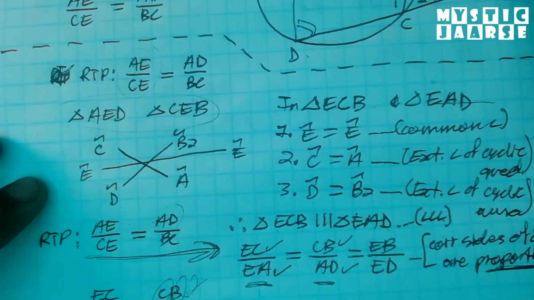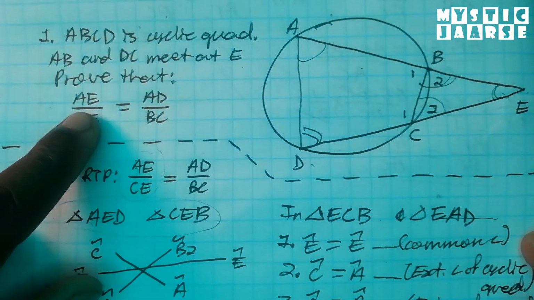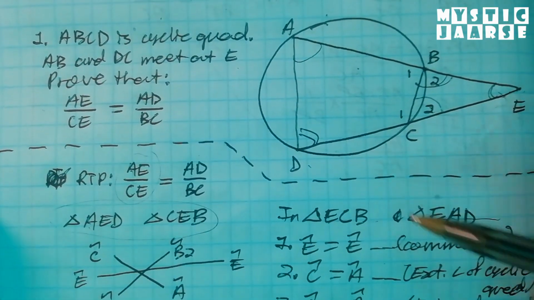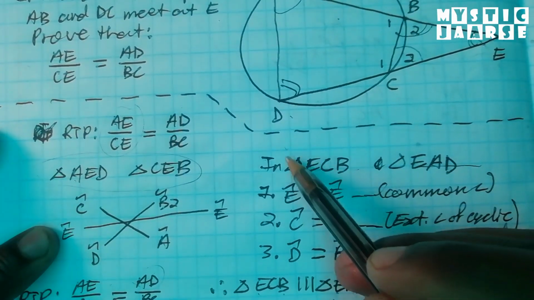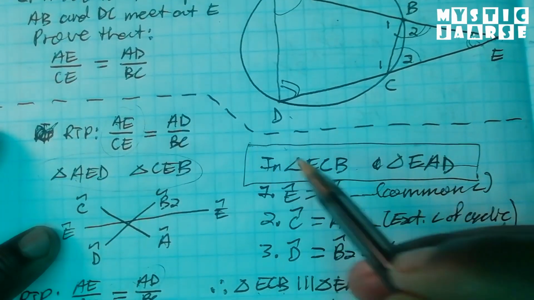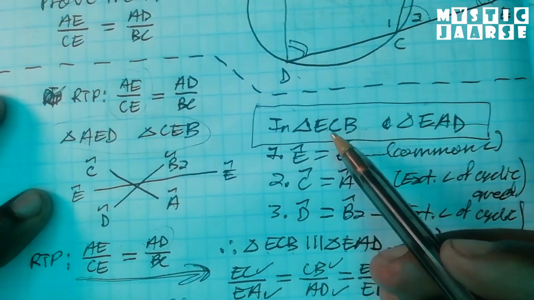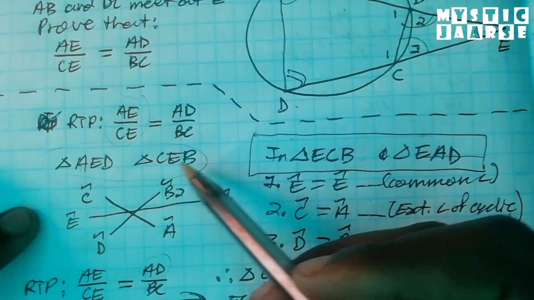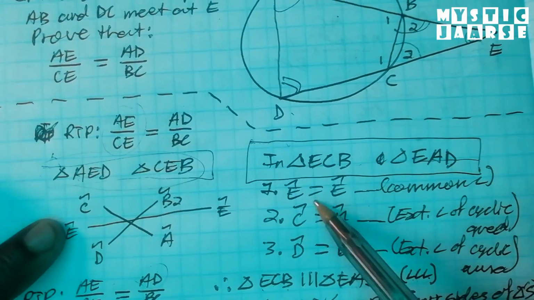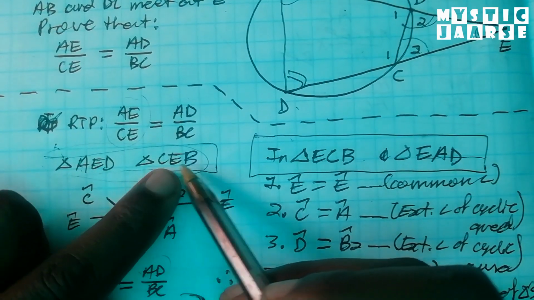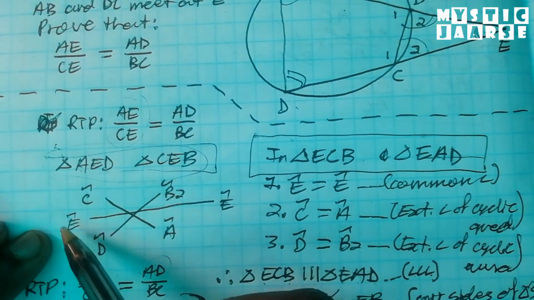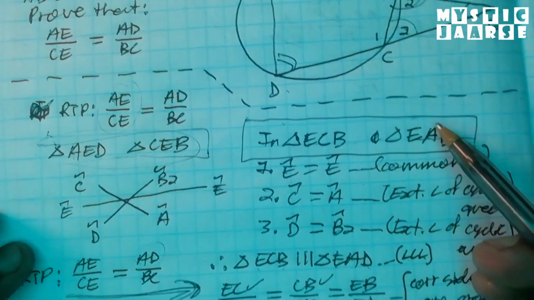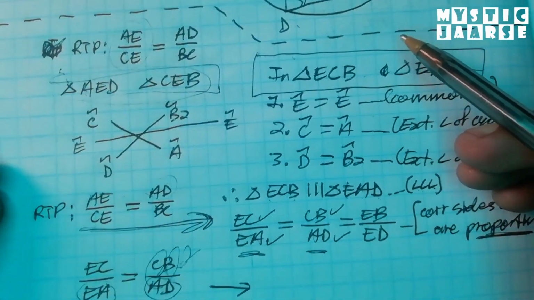So we have proven that the ratio of this pair of sides is equal to the ratio of this pair of sides, and they didn't tell us which triangles they were referring to, and they didn't give us their corresponding angles. So in order for you to prove this, you need to find out which triangles they are referring to from your diagram, and you need to rearrange the letters of each triangle to align all your corresponding angles accordingly, so that you can prove that the two triangles are similar.